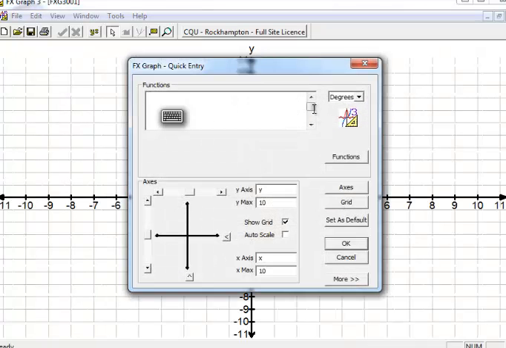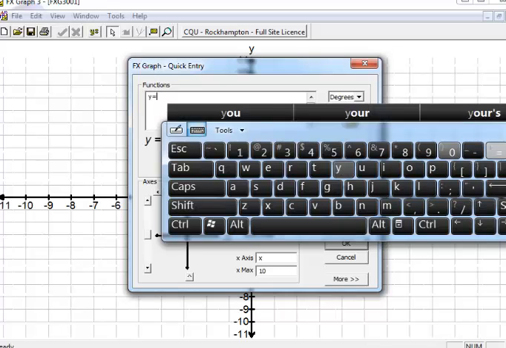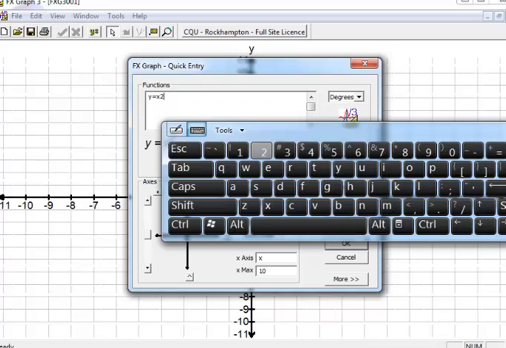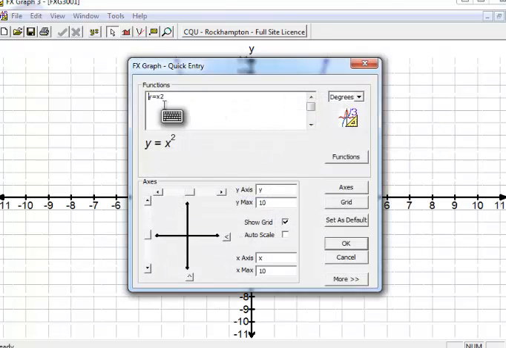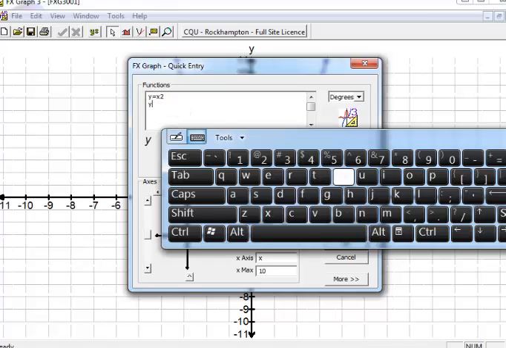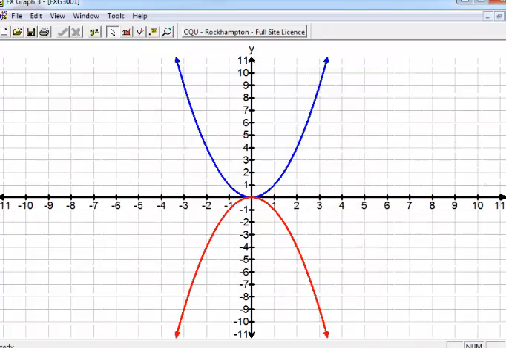I'm just going to put in a couple to start with. If we have y = x², that's our basic parabola. It looks just like that, a very basic one sitting at (0, 0). Now, if I put in y = -x², you can see that's exactly the same shape, but it's reflected on the x-axis. So that's your sad parabola.